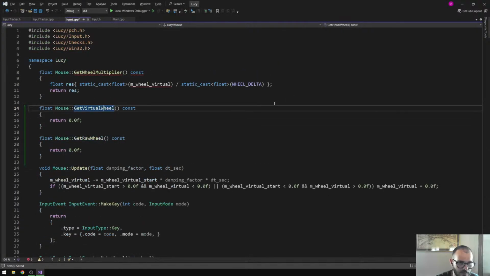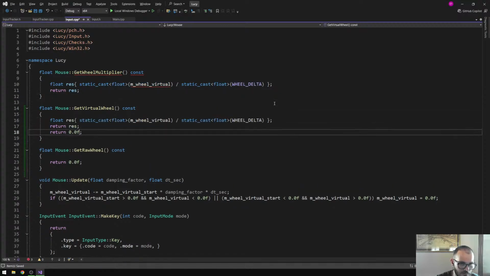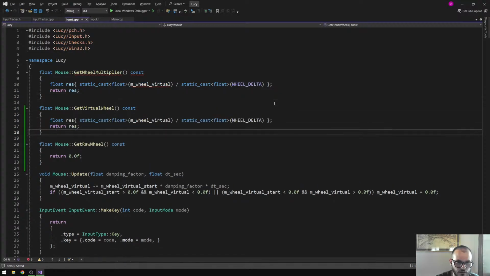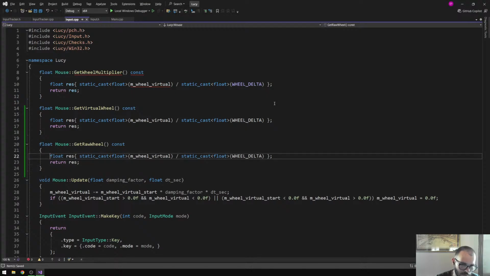So the virtual wheel is something like this. The raw wheel is something like this. So basically it's the wheel multiplier.